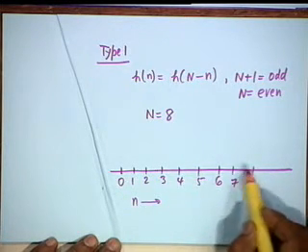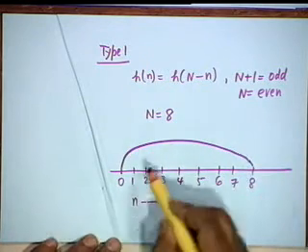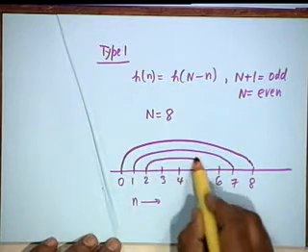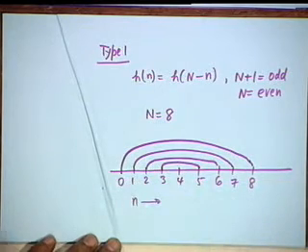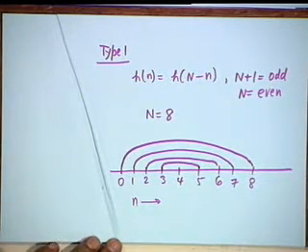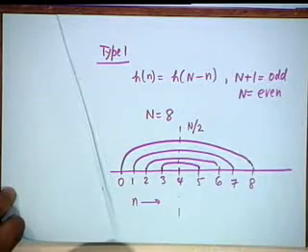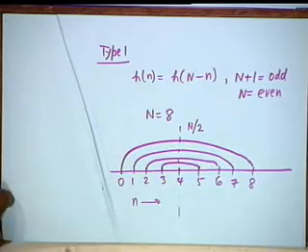Agreed? Symmetry means this. These two will couple. h1 should be equal to h7, h2 to h6, h3 to h5, and the fourth sample is a loner, h4. It does not have a pair. The symmetry is therefore around capital N by 2th sample. Capital N is even, so capital N by 2th sample.